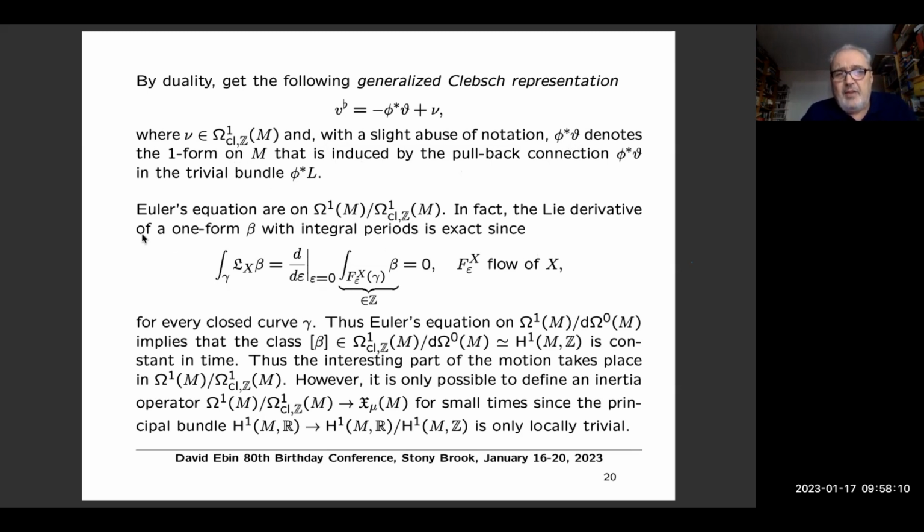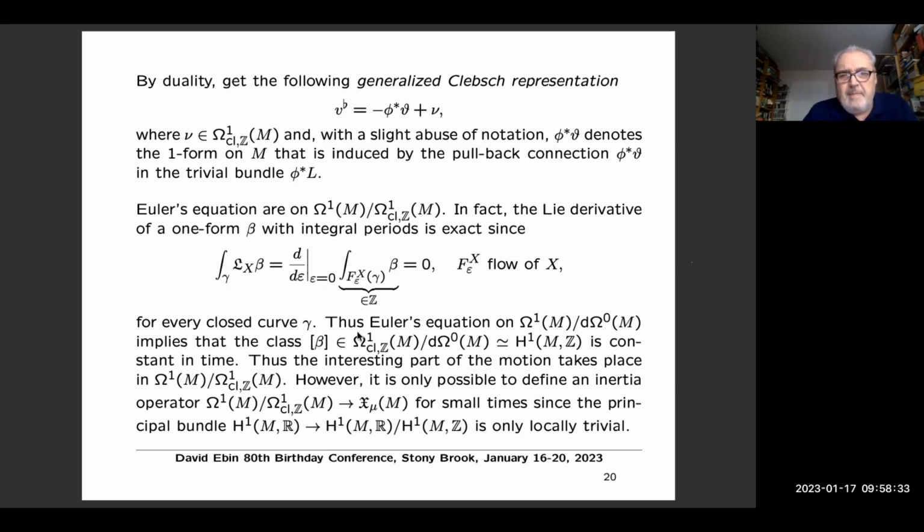In fact, the Lie derivative of a one-form beta with integral periods is exact. Here is the proof. You integrate beta over gamma, you just use the Lie derivative formula, change variables. Instead of putting the pullback on beta, you put it on the integrand, on the domain of integration. And this is an integer, so there is no derivative.